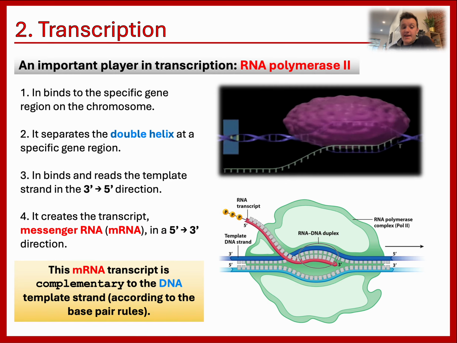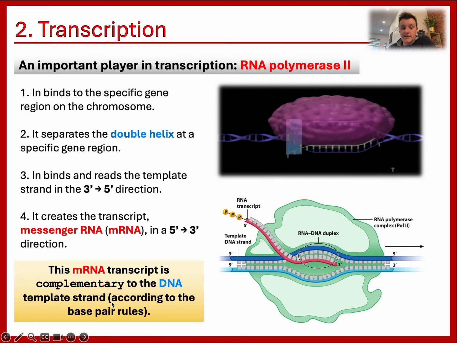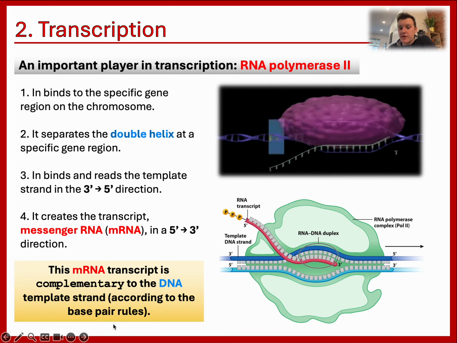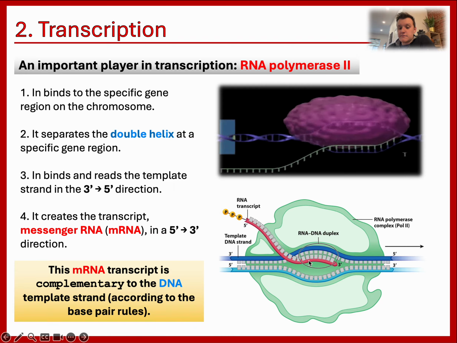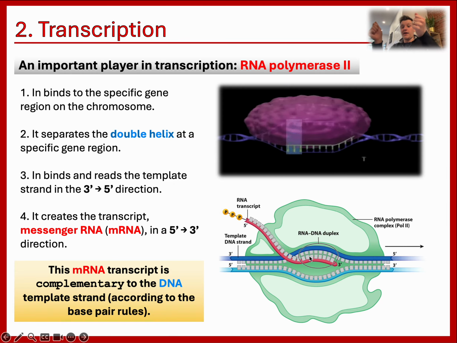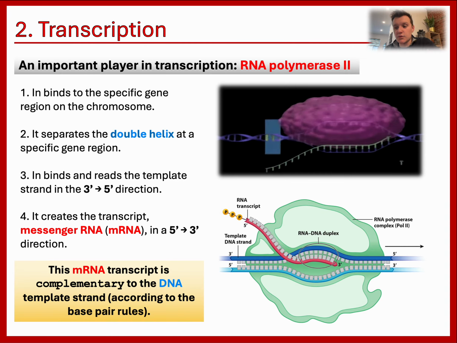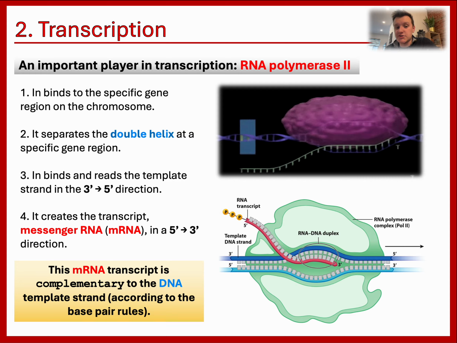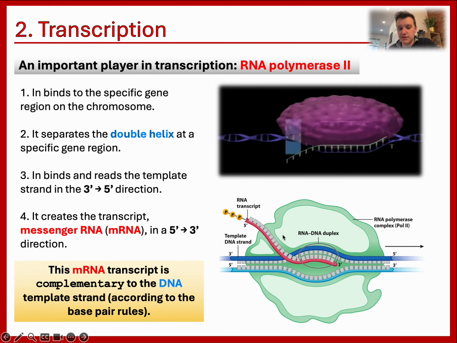And that mRNA is complementary to the DNA template strand according to our base pairing rules. Remember that DNAs will have hydrogen bonds in between the bases, right? They have complementary base pairing A and T, G and C. Well, kind of the same-ish situation with the RNA.